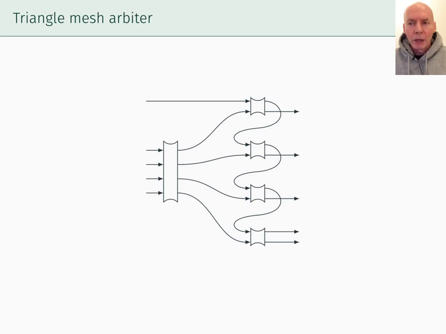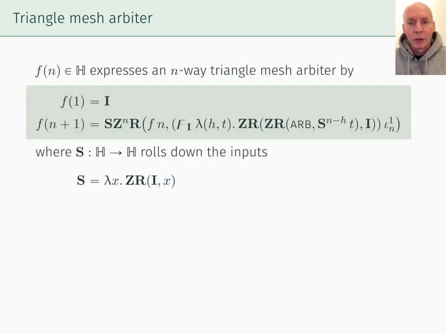So it seems like we should be able to write a recurrence to capture this whole infinite family of arbiters parameterized by the number of inputs. And how would you write a recurrence like that? Well, if your functional programming foo is intact, then maybe something like this.